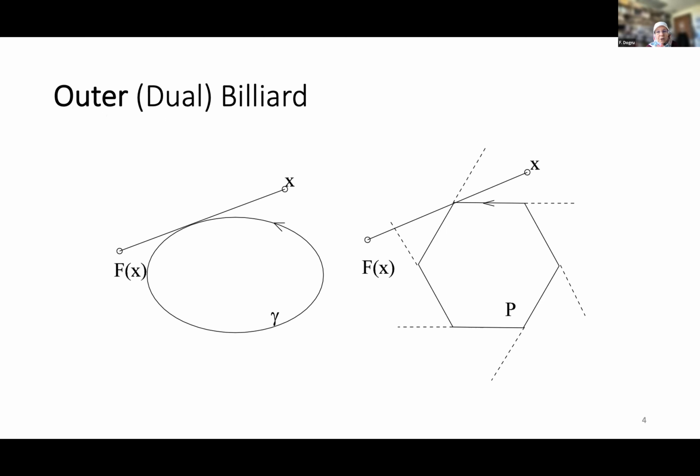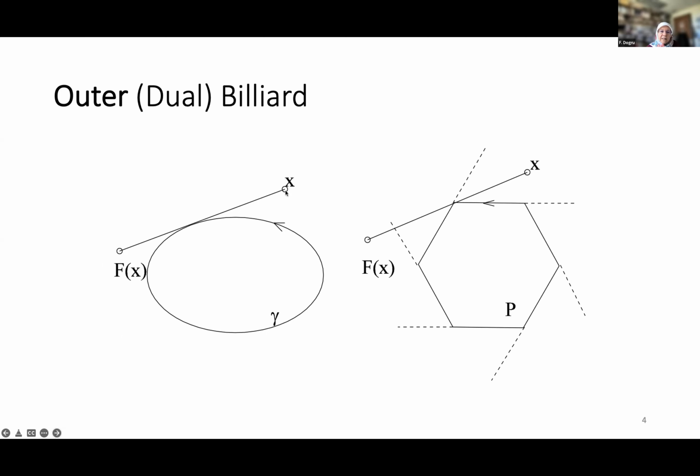We take a compact, convex plane domain as the billiard table. Let's call it P, and its boundary curve delta. Then the map is defined from the outside of the domain to itself.